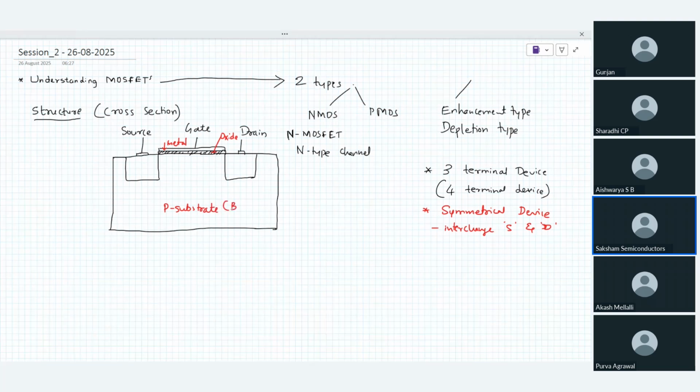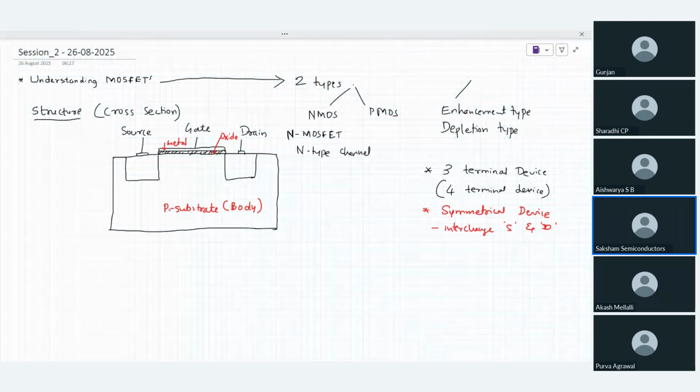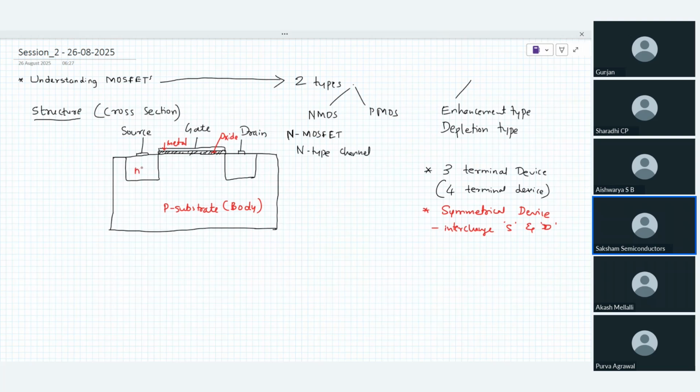Sometimes it is also called the body, just like your pizza base on top of which your entire structure is getting created. Now, if I have P substrate over here, usually I'll go with N type material getting doped in this small region.